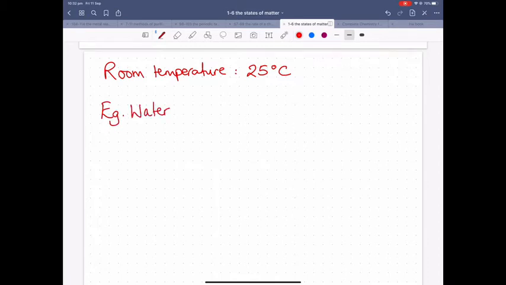Water has a melting point, which is the same as the freezing point, of 0 degrees C, and a boiling point of 100 degrees C. So, where does that fit in relationship to room temperature of 25 degrees C?